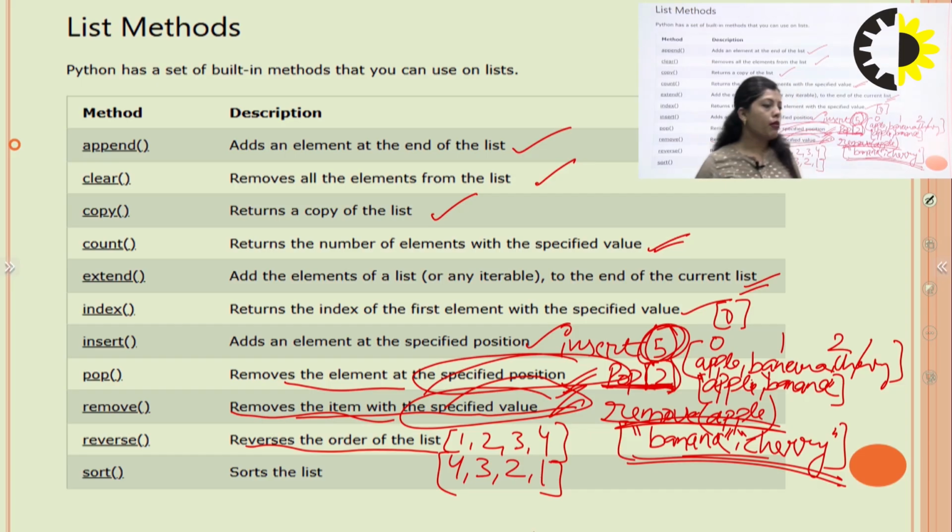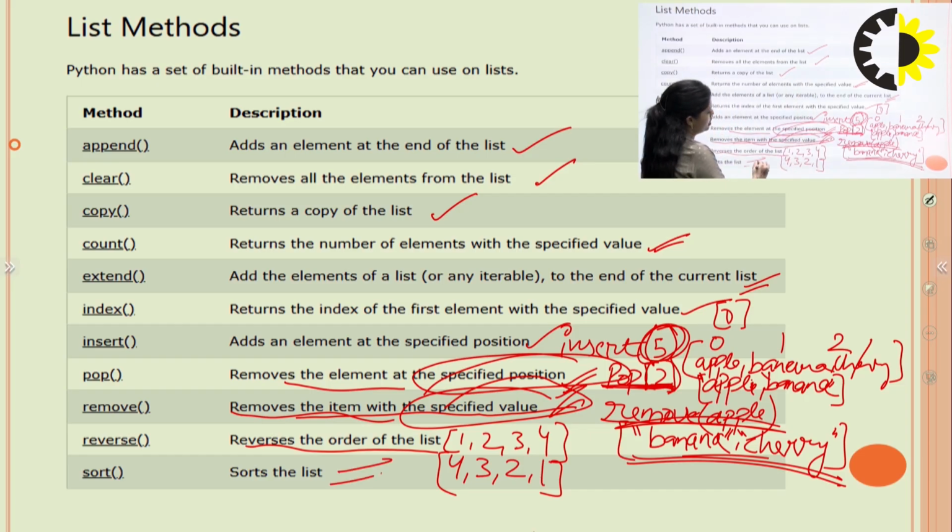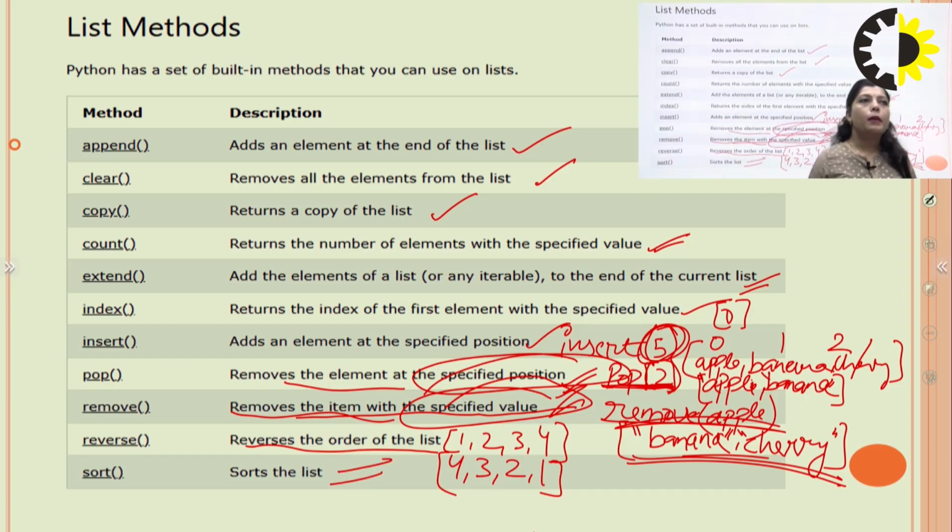Sort means we can sort the list in a specified order. Sort by date, sort by alphabet, sort by category. So, we can sort by any method. These are the list methods.